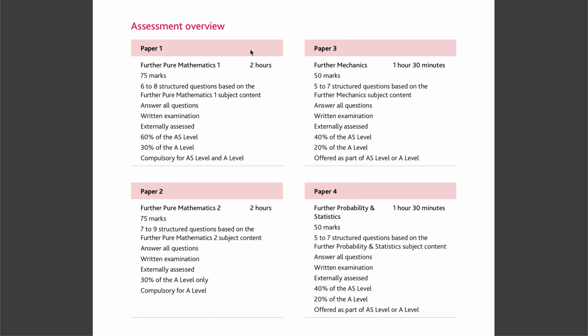Again, here are each of the specifications. Pause the video and check them out yourself. Pretty much paper 1 and paper 2 are more weighted than paper 3 and paper 4. But overall, basically you have 75 marks here, 50 marks here, 75 here, and 50 here. And when you add those numbers up, of course, you get 250.